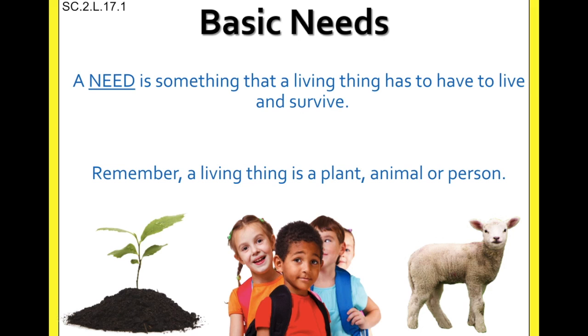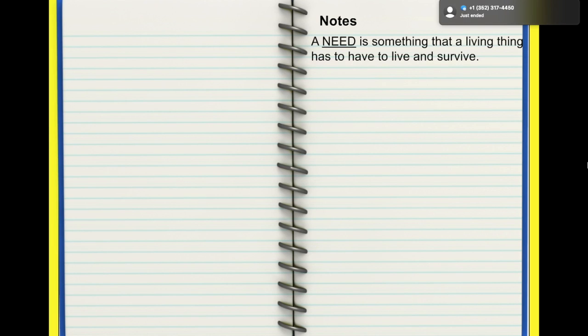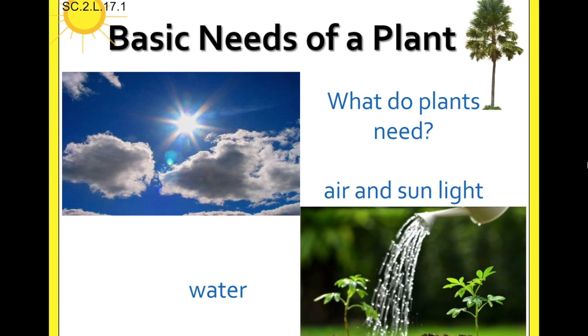Basic needs. A need is something that a living thing has to have to live and survive. Remember, a living thing is a plant, animal, or person. Basic needs of a plant.